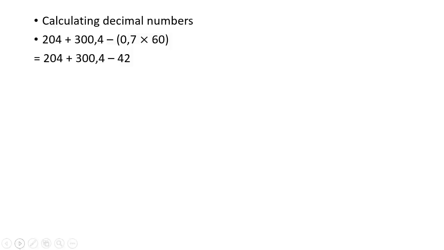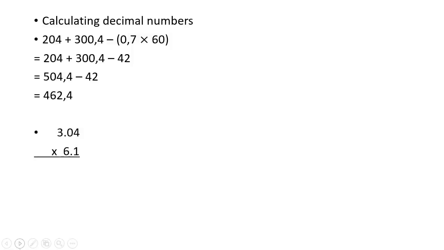Now you solve your addition: 204 plus 300.4 gives you 504.4, minus 42. When you subtract, you get 462.4. And that will be your final answer.